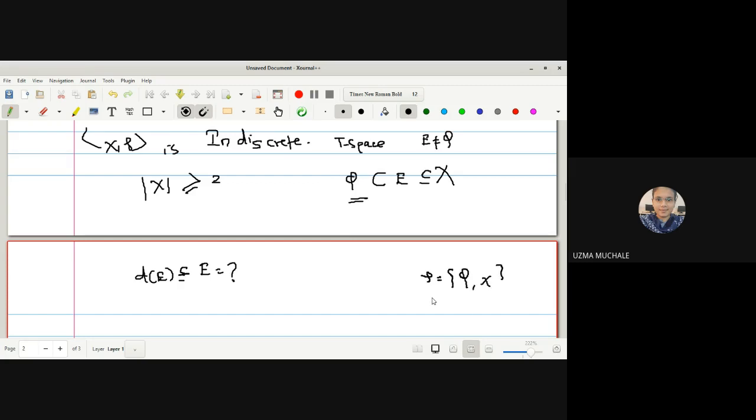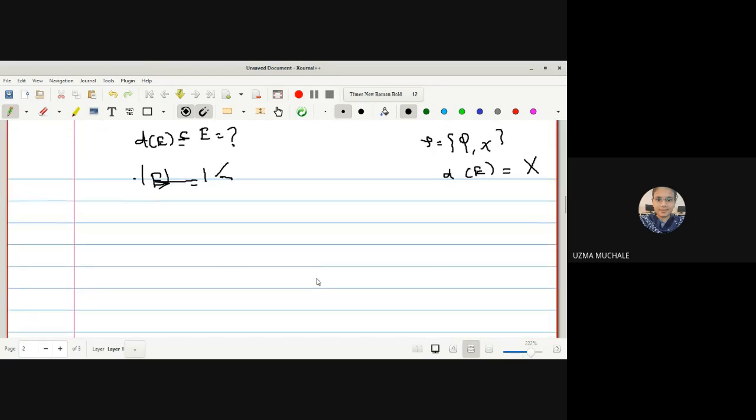We have to find the derived set of E. At that time I told you that the derived set of E will be equal to X if the cardinality of E is greater than or equal to 2. And if the cardinality of E is equal to 1, then we have to discuss the cases.